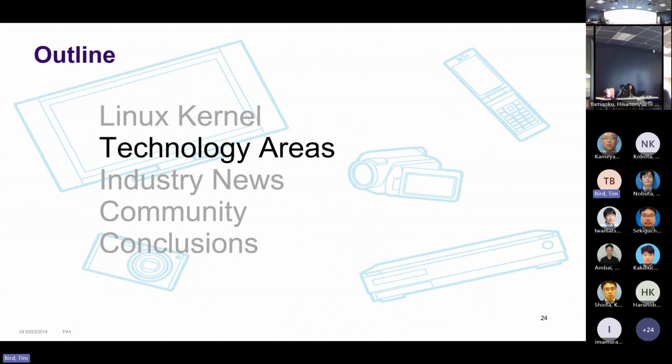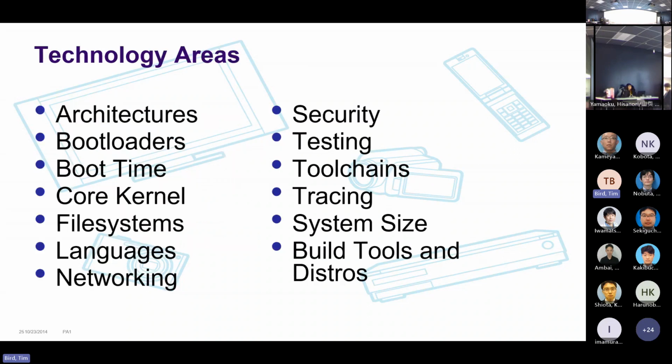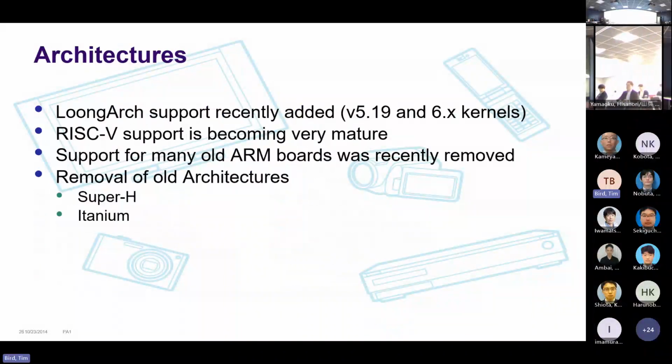Okay, so that was longer than I had hoped, but we'll go into technology areas and talk about individual areas. Some of these I've already talked about, but these are the main things I want to cover. In terms of architecture, there's a new processor architecture out of China called LoongArch that has been added, and it's been getting a lot more support.